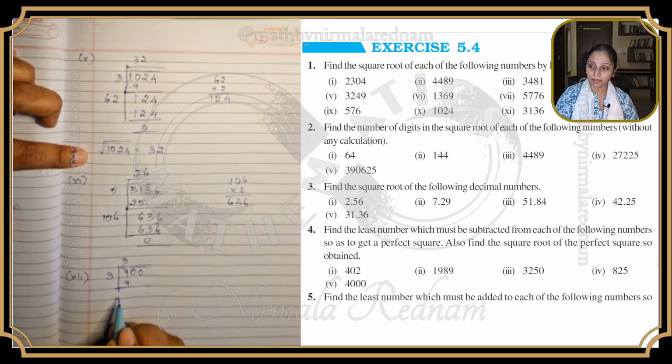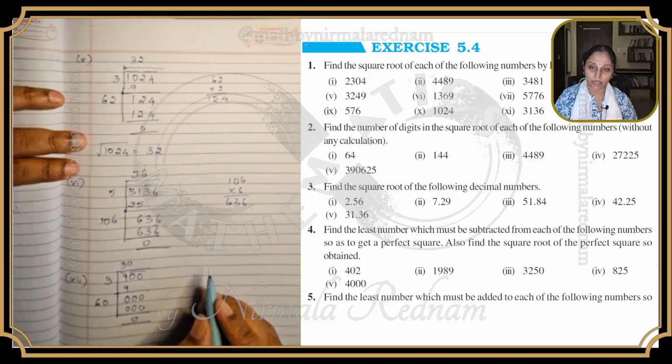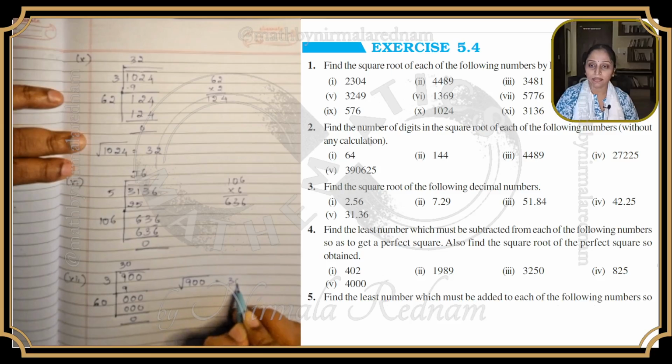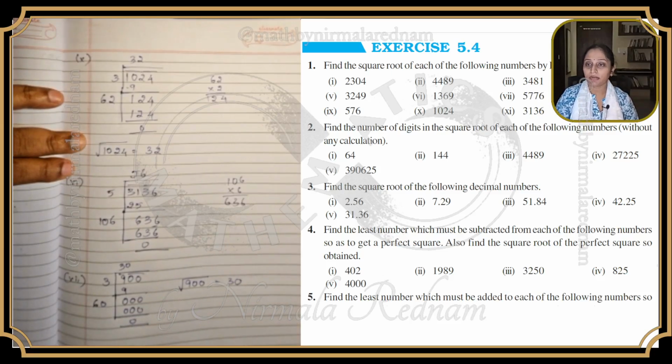If I subtract, I'm going to get 0. Bring down the next bar, which is 0. Twice of 3 is 6. 61 into 1 is 61, which is greater. So I'm just trying to do the long division method, but actually you can answer this directly. Therefore, square root of 900 is 30, right? So that is our first question.